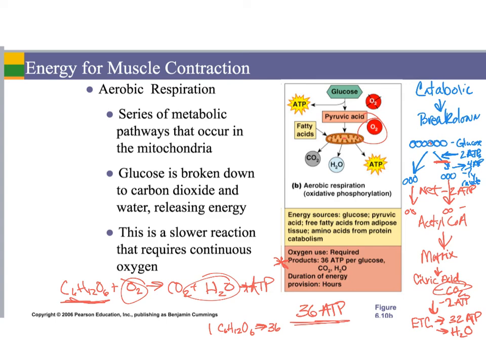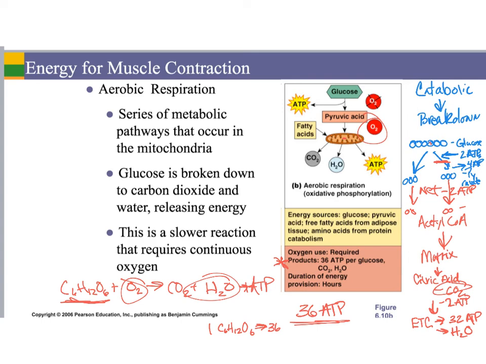However, muscle fibers run out of oxygen very quickly and have to use an anaerobic pathway. So let's look at the anaerobic.